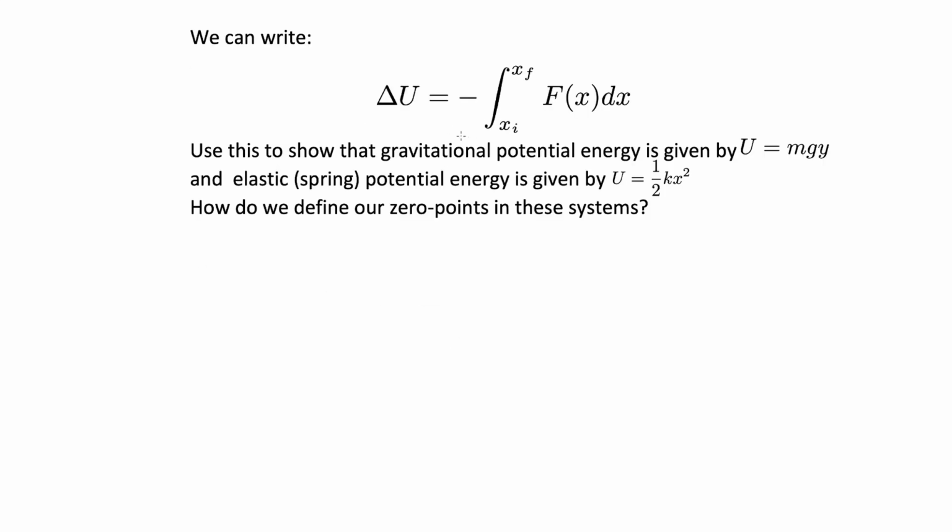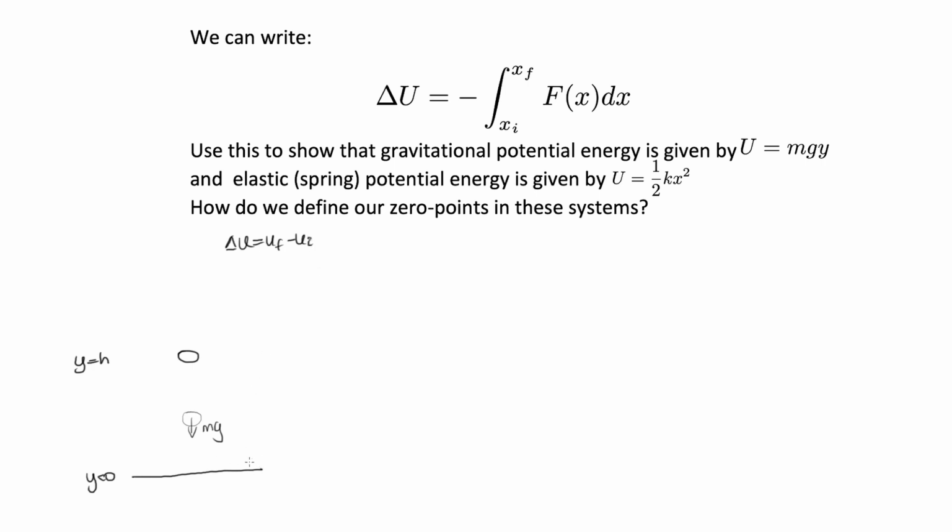Okay, so let's use this to show the gravitational potential energy is given by this expression. Now to do this, we will need to think about our 0 points. So let's define the ground down here as y = 0, and we'll consider moving something up to a height y = h above the ground. Now the force, the weight force that we need to overcome as we do that is mg downwards. And so we can say that the change in potential energy, which is the final potential energy minus the initial potential energy.